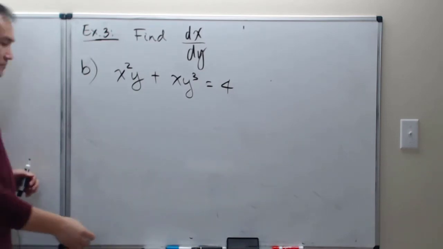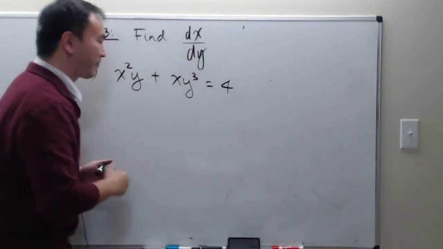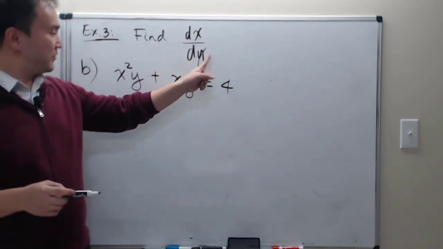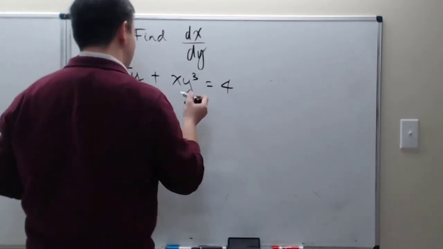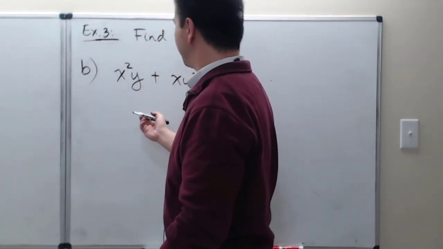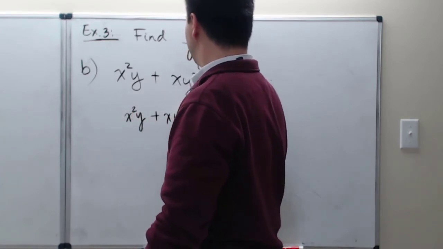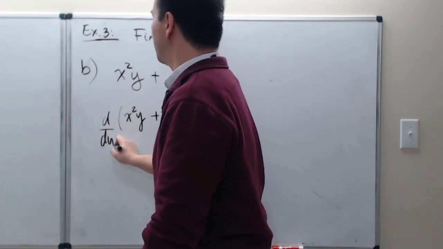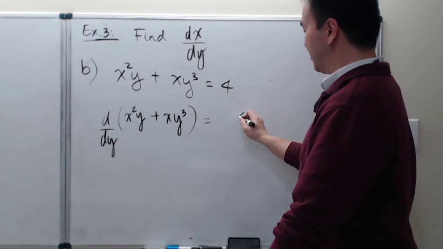So now, x being intended as a function and y a variable, but in the end what we have here is an equation. So I am going to write from that equation, x squared y plus x y cubed, and take the derivative with respect to y as the variable, and equals on the other side the derivative of 4, a constant.